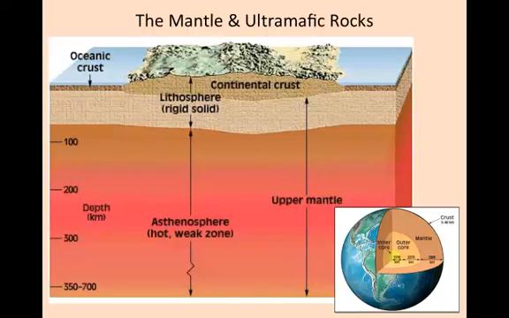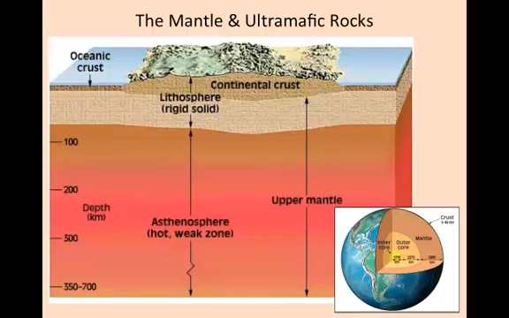Ultramafic rocks come from the mantle. They're only found in the mantle, or when we see pieces of mantle rocks, those ultramafic rocks that are brought to the surface one way or another.